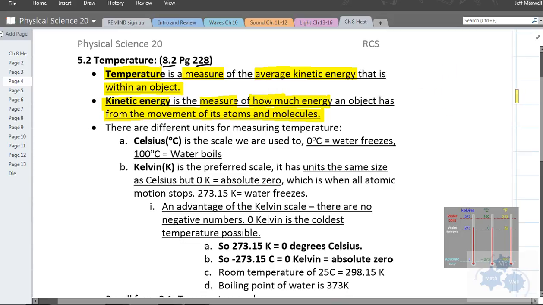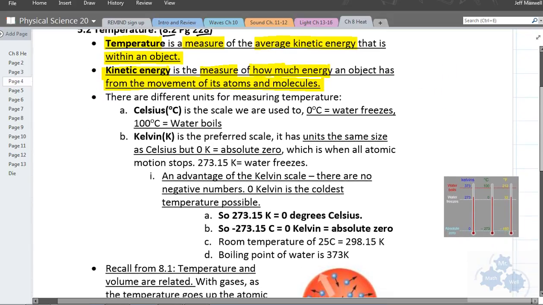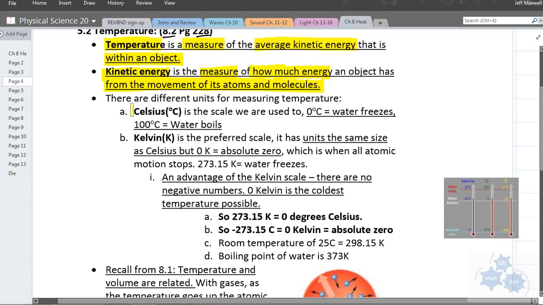There are different units for measuring temperature. And the first one for sure is the unit for temperature that we are most familiar with in Canada here. And globally, Celsius is sort of an international unit that you would hear in most places in the world, right?